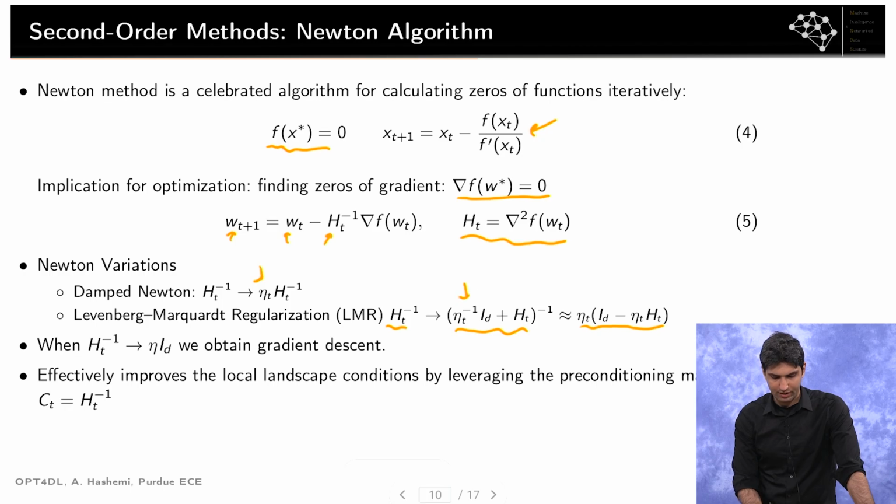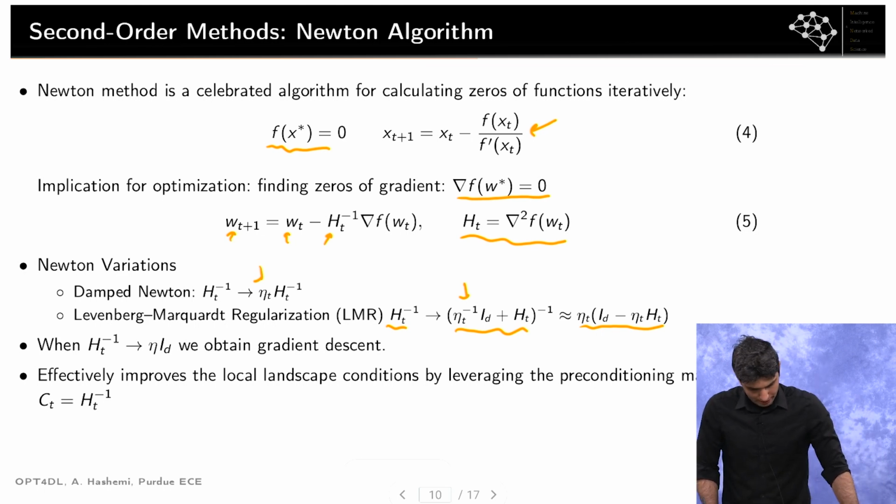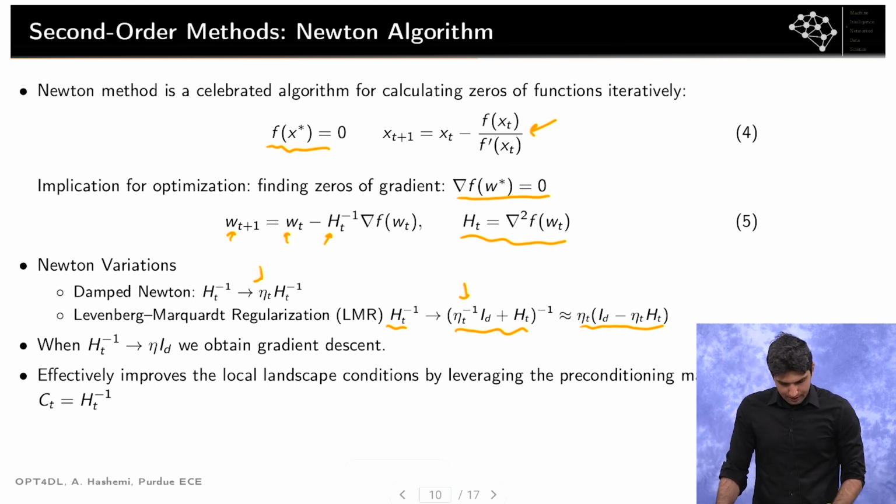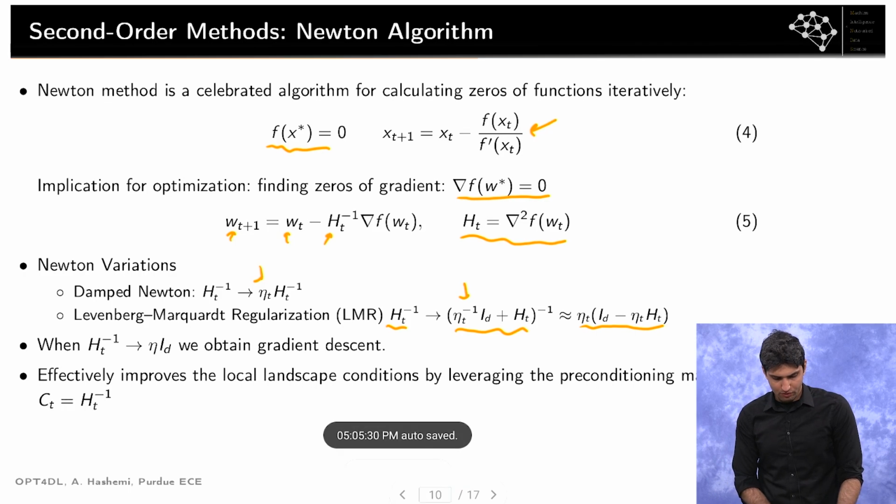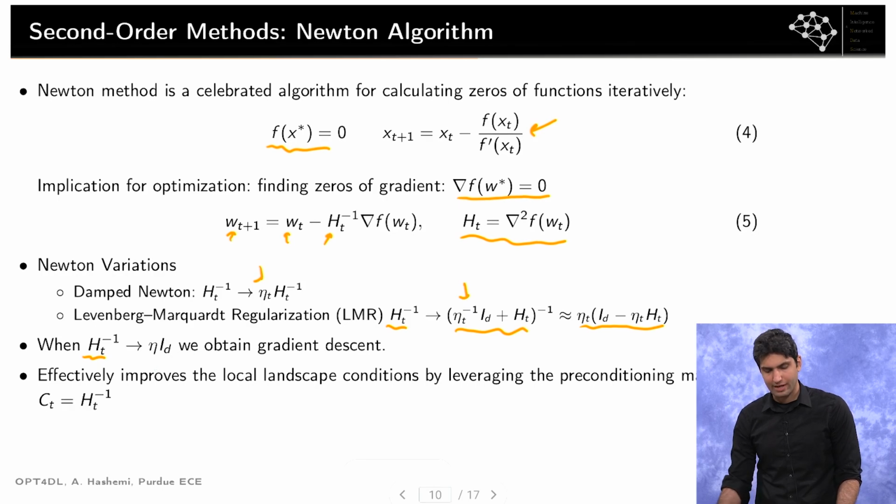We add this regularization term to the Hessian and then take the inverse. Okay. All right. And what's the connection to gradient descent that we've talked about before in the class? Well, the connection is quite simple. If I replace the inverse of the Hessian with, let's say, a learning rate times the identity matrix, I get exactly the update rule for gradient descent.